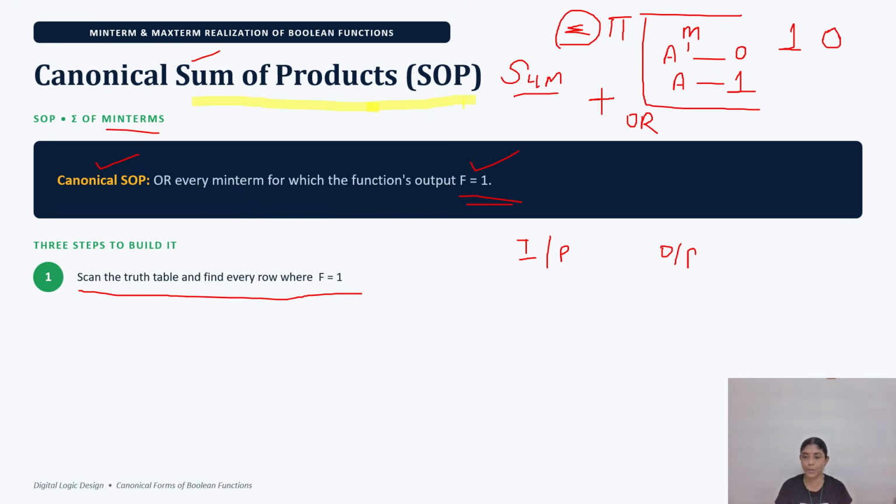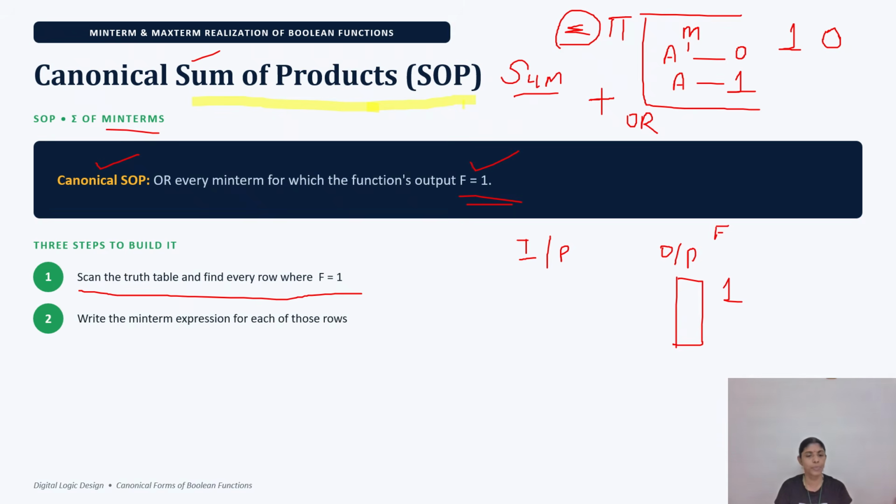So you have to check the output of the truth table. Wherever the function value is equal to 1, the output being your function f. So scan the truth table and find every row where f is equal to 1. That is your step number 1.